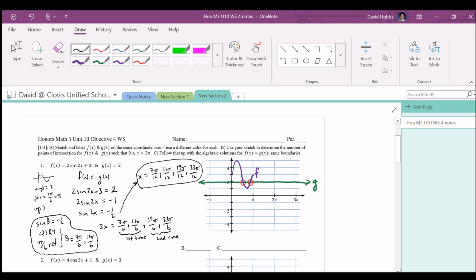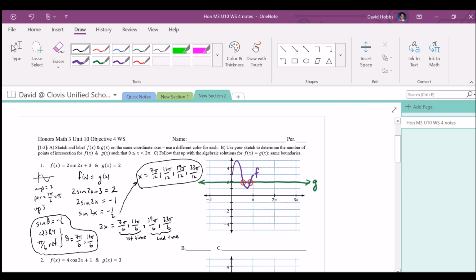And so there are 4 solutions in our boundaries of 0 to 2 pi, and if you notice, maybe you were concerned before that the 19 pi over 6 and the 23 pi over 6 were outside of the boundaries, but that was when we had it as 2x, and so now that we actually solved for x, notice that all 4 of those angles would be within the boundaries of 0 to 2 pi.